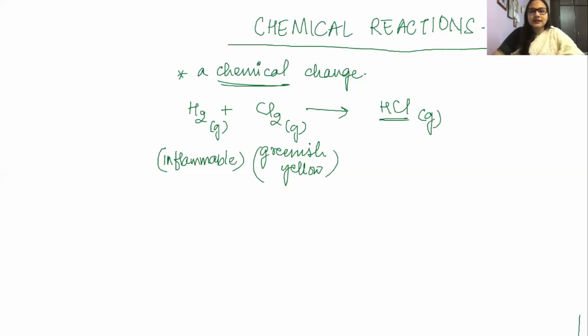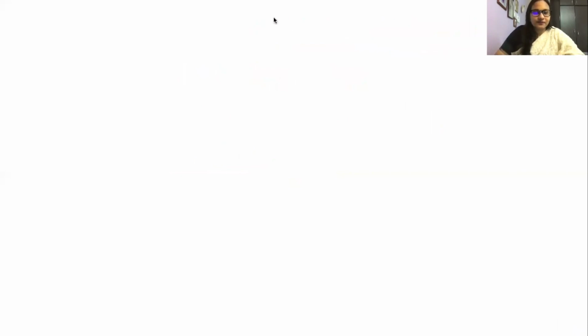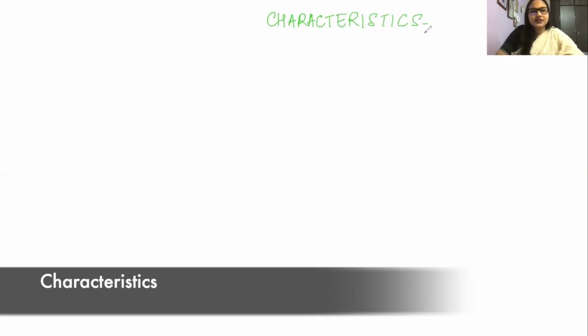Now, how do you know that a chemical change has taken place? The different ways to know that a chemical change has taken place are what we call its characteristics. There are a few characteristics that we are going to touch upon.